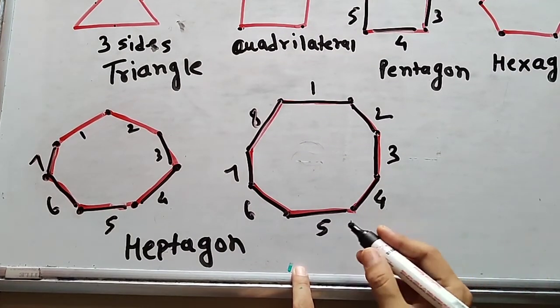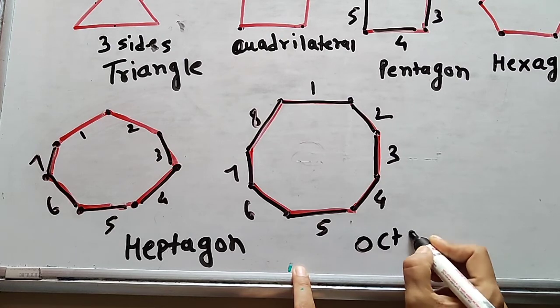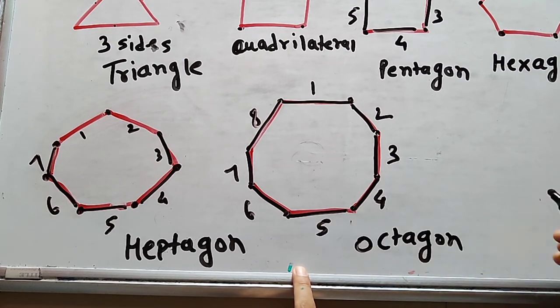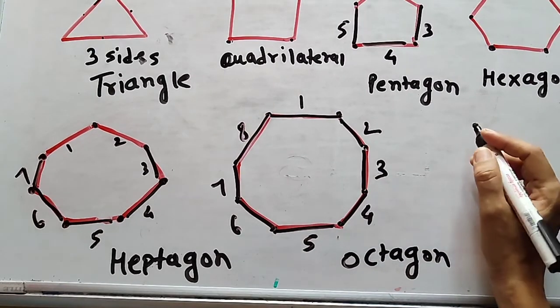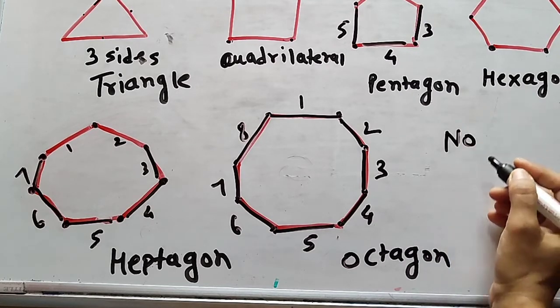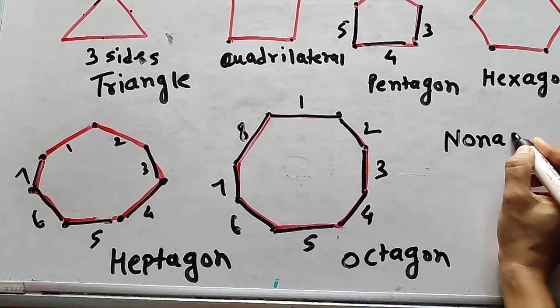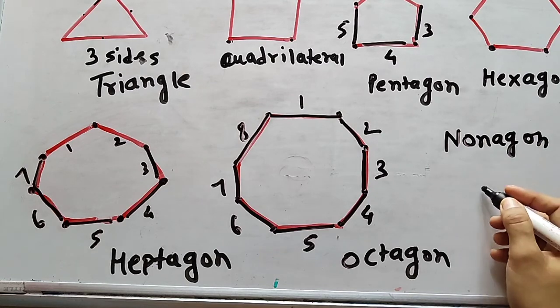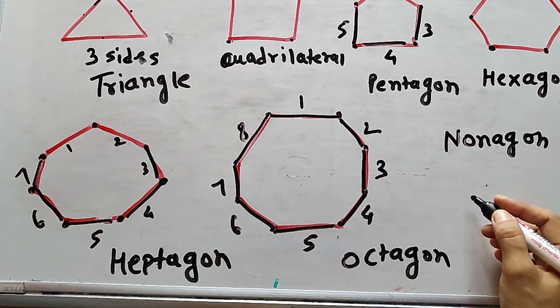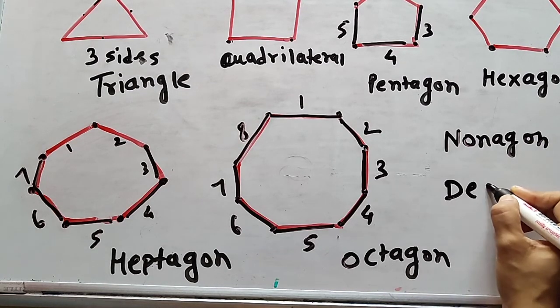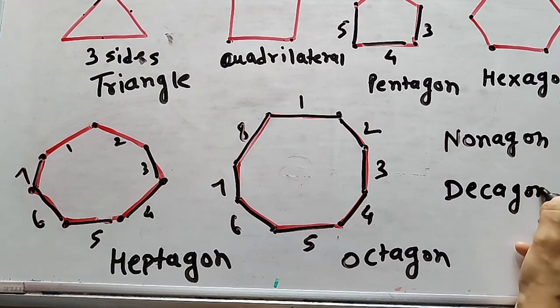So this type of polygon is called an octagon. And if there are 9 sides or 9 vertices, then it is called a nonagon. And if there are 10 sides and 10 vertices, then it is called a decagon. These are some examples of polygons.